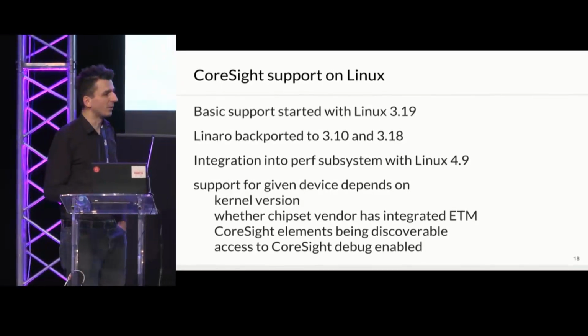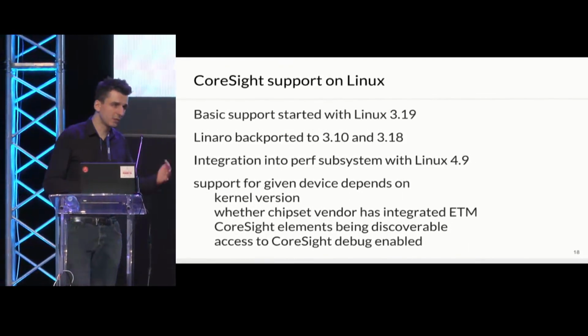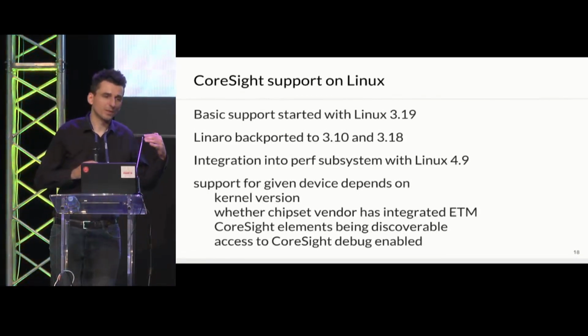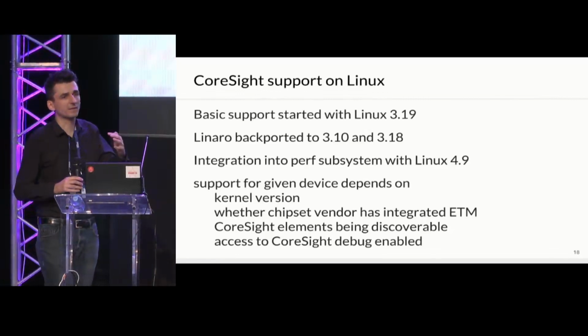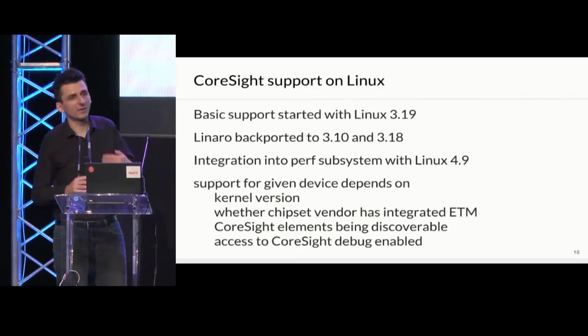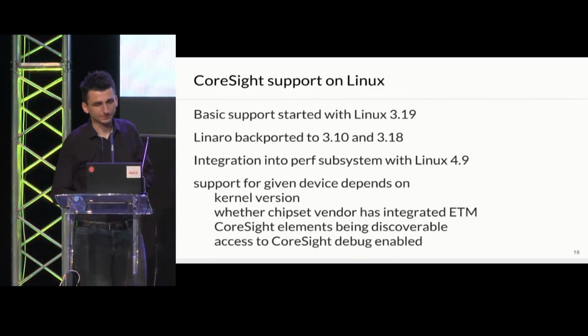So basically, if you're on a lower version and you have just the drivers, you can still use that, but this means that you have to configure the CoreSight tracing manually through the sysfs file system. Perf is a little bit nicer, but there's also a dependency issue: you need a specific version of a library, perf and the kernel for this to work.